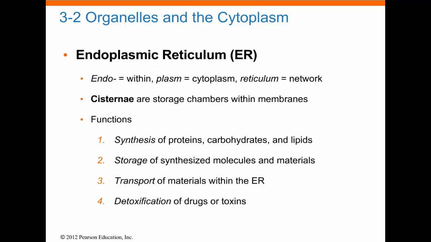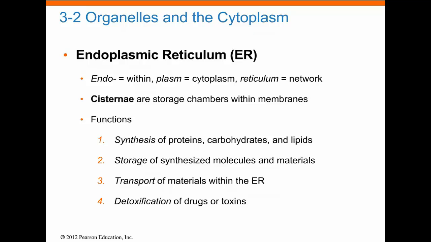Within that, the endoplasmic reticulum is attached to the cisternae, which are storage chambers within the membrane. The function of the endoplasmic reticulum is the synthesis, or the making, of proteins, carbohydrates, and lipids. So they're very important within the cell.